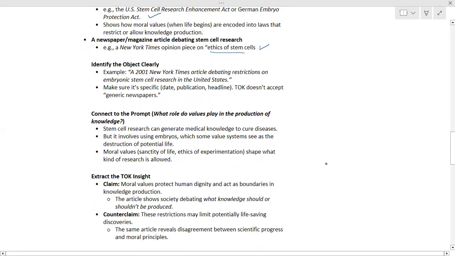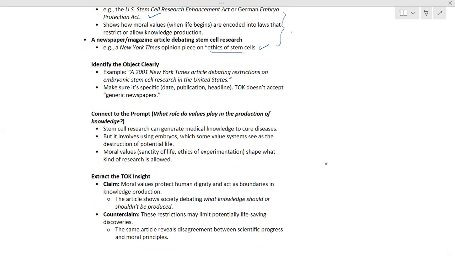This is a general example that we said. Now we are moving on to the specific example: a 2001 New York Times article debating restrictions on embryonic stem cell research in the United States. This is a particular article which was published in the New York Times.